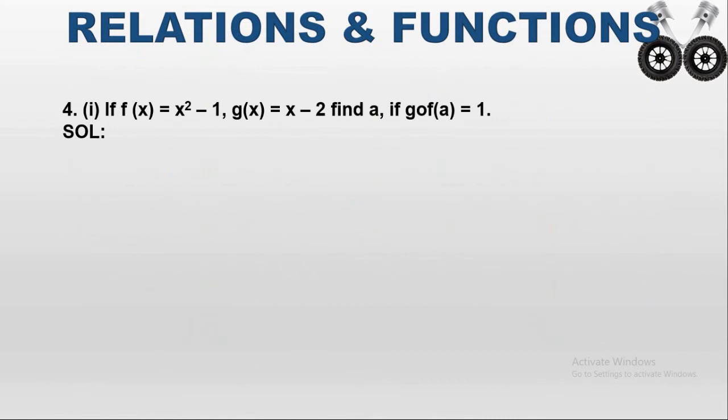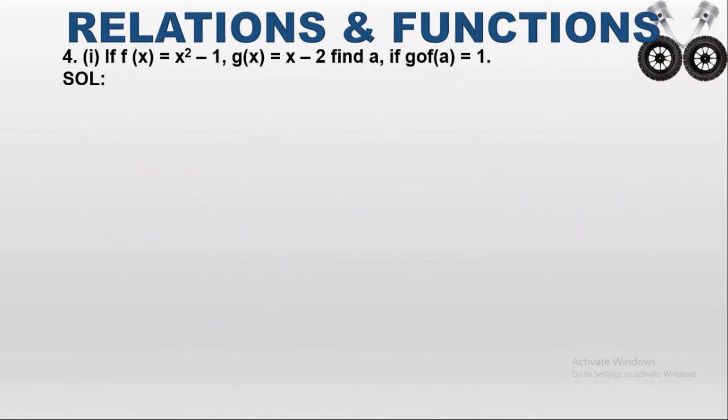Next one is question 4. If f of x equals x square minus 1, g of x equals x minus 2, find a if g composition f of a equals 1. So what is the problem given here? The f of x value is given, the g of x value is given.